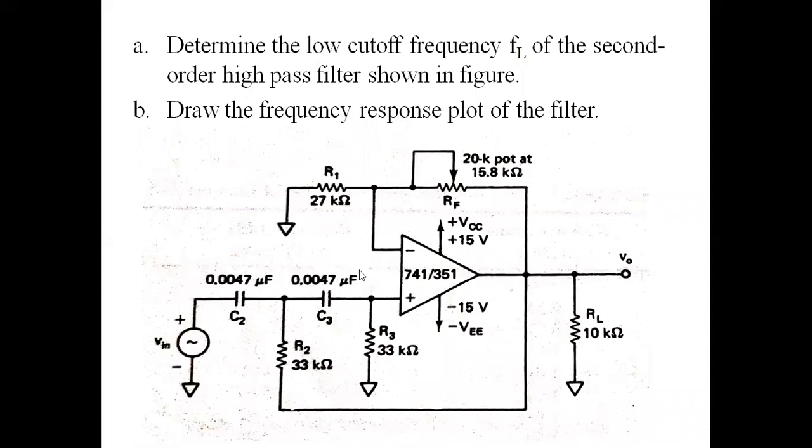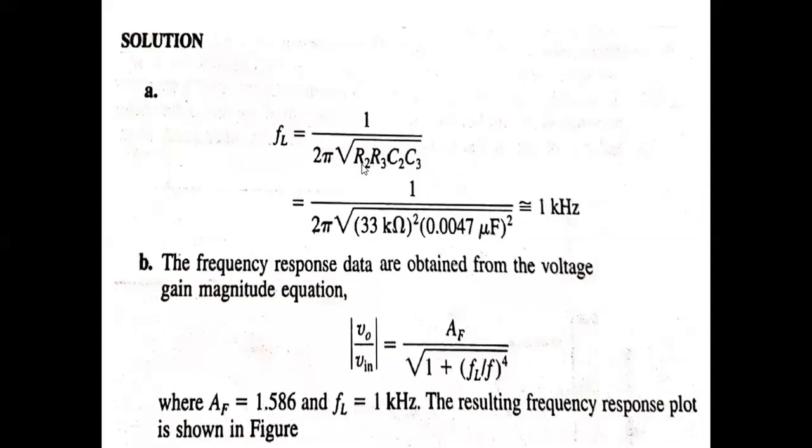Here also they have assumed equal resistor and equal capacitor values, so just substitute the values in order to get the lower cutoff frequency, using the equation 1 over 2 pi square root of R2, R3, C2, C3.